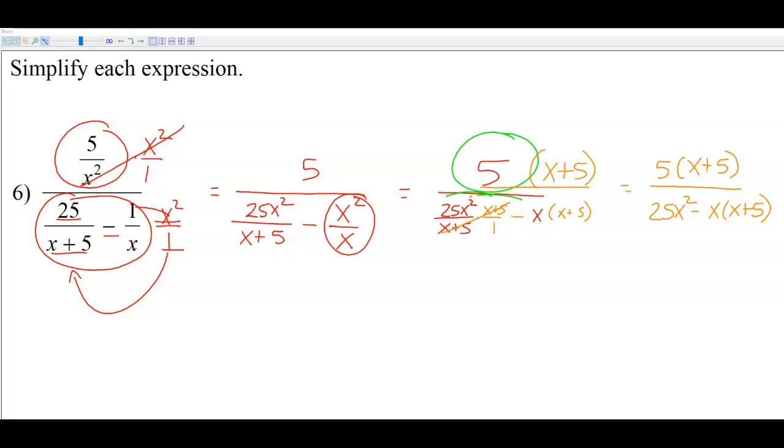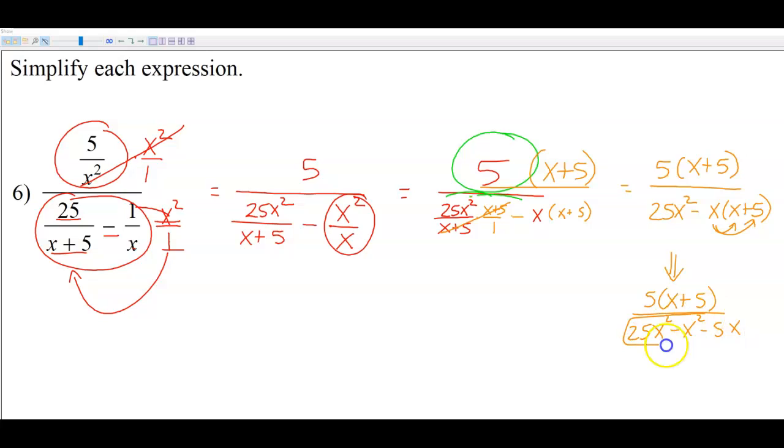So now at this point, we're going to need to simplify the bottom a little bit. I'm going to distribute this x in, and be careful, that's not just an x, that's a minus x. So we're going to be distributing a negative x into those parentheses. Okay.